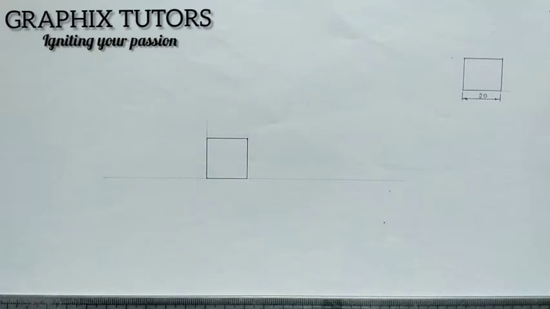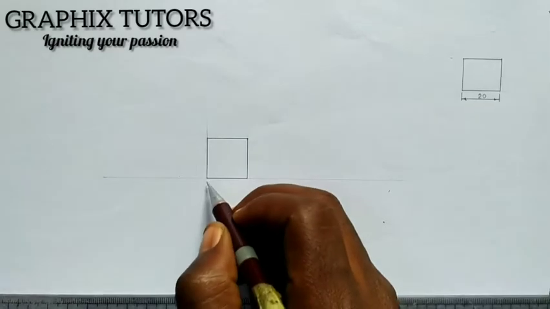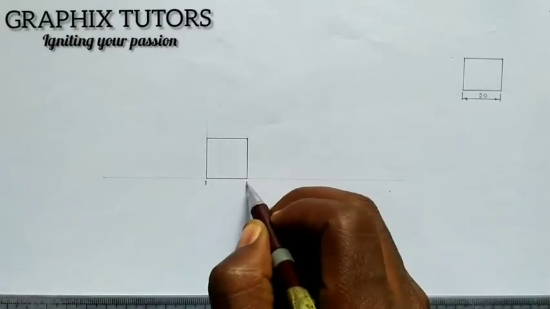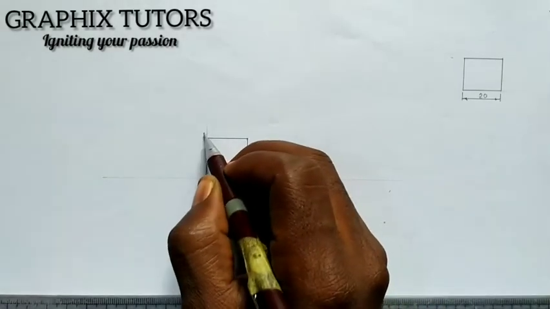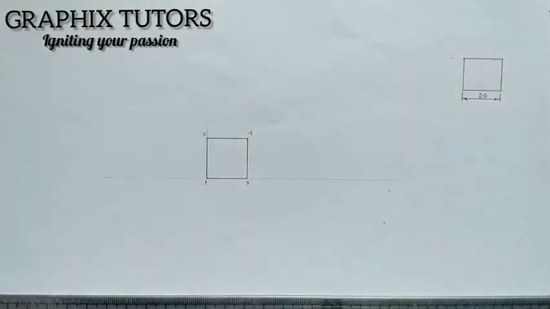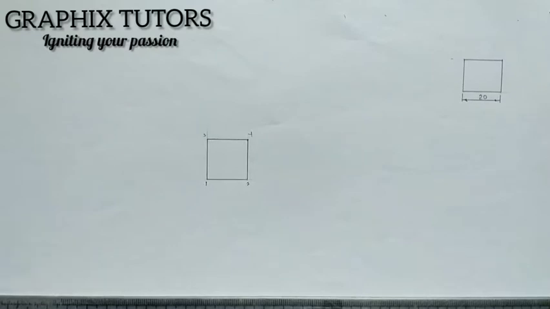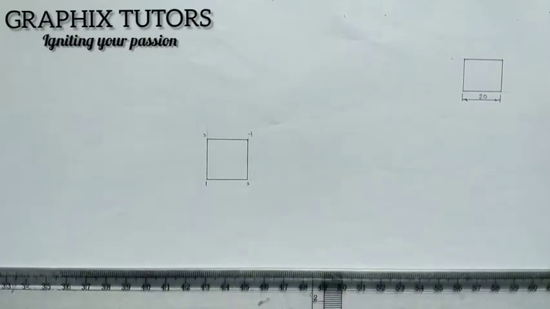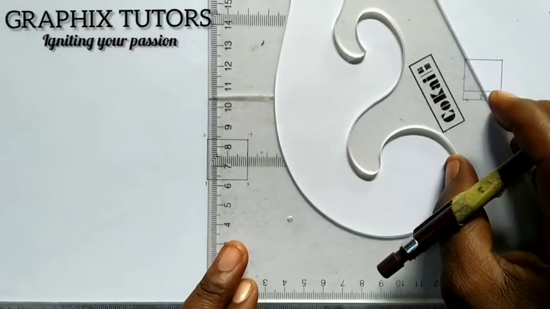So what we'll do is name it. This is 1, this is 2, this is 3, and this is 4. So the first thing we'll do here is start by drawing the vertical line on 1.